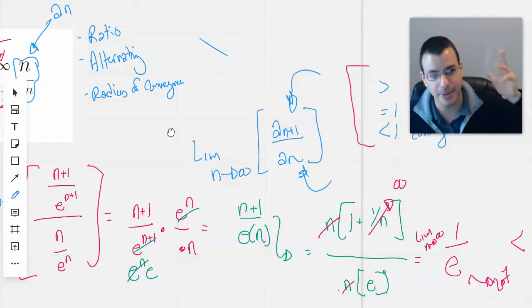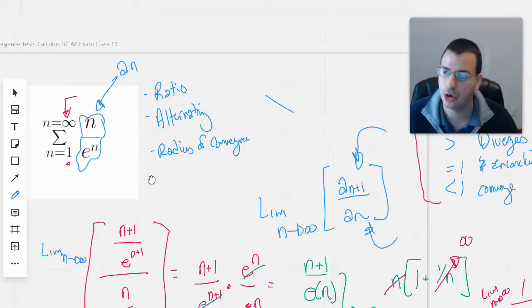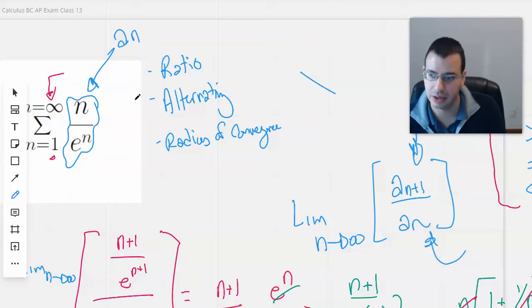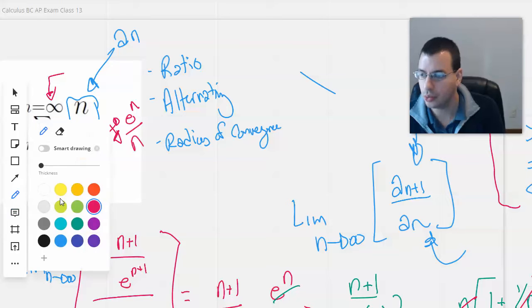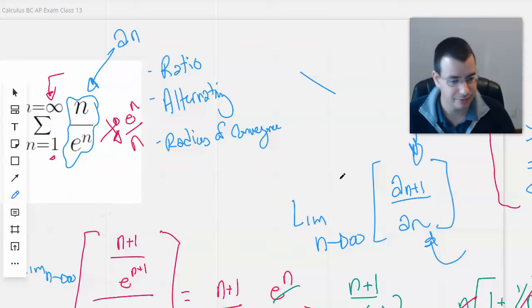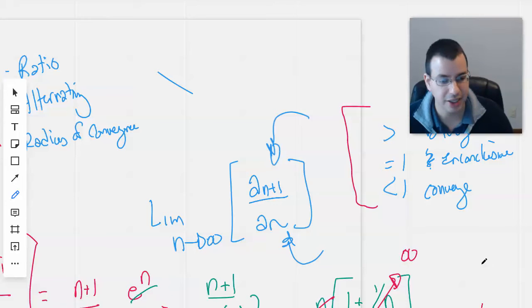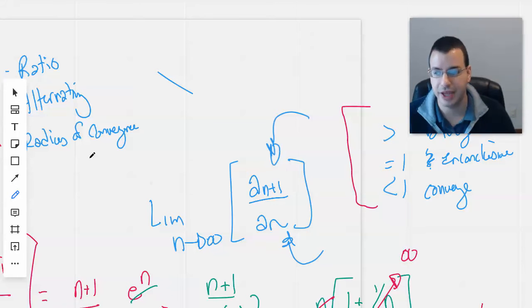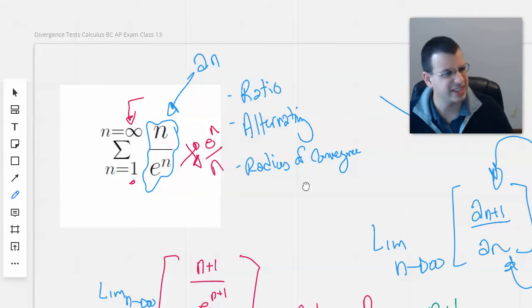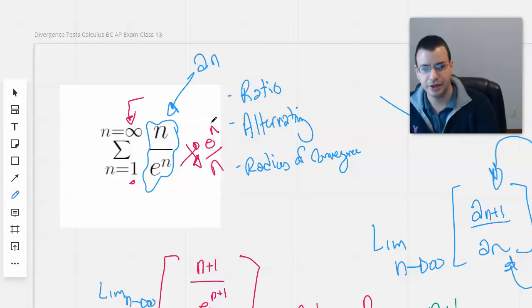As a quick mental thought, what if instead we had e to the n over n? We basically reverse the two. Well, you could go through the whole ratio test again, and trust me on this one, you would end up getting e over 1 instead of 1 over e, and it would diverge, which would make sense because when you think about it, you have a linear here, and then you have an exponential here.